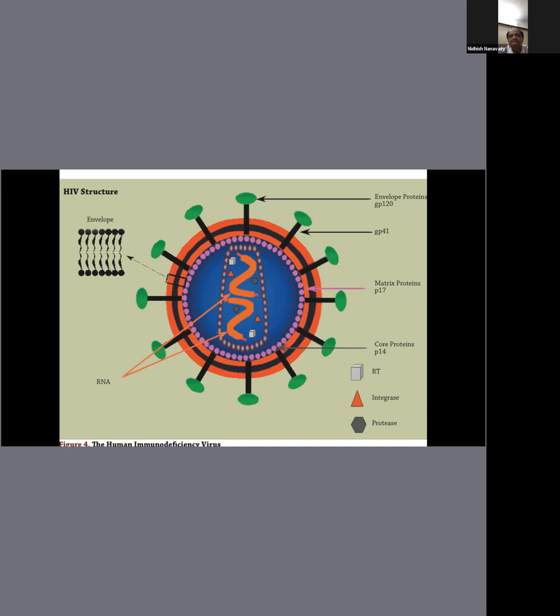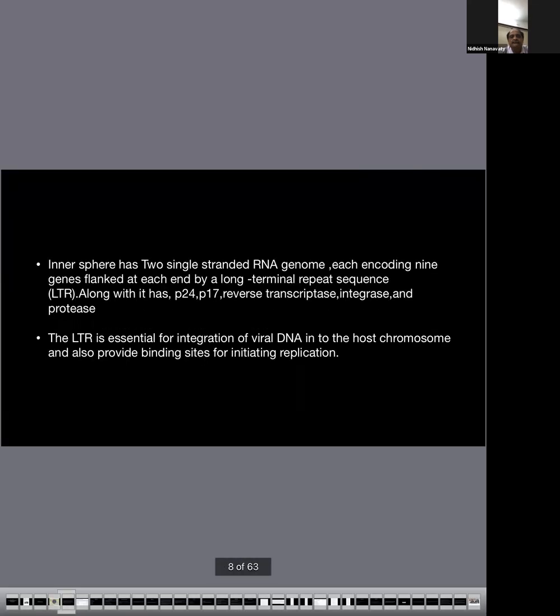Now, the long terminal repeat sequence is essential for integration of viral DNA into the host chromosome and also provide binding sites for initiating replication.